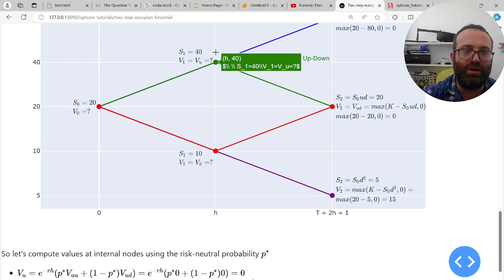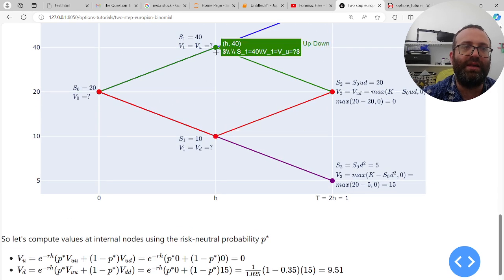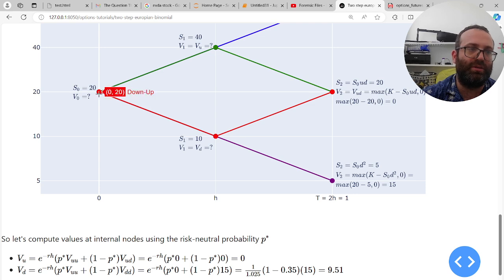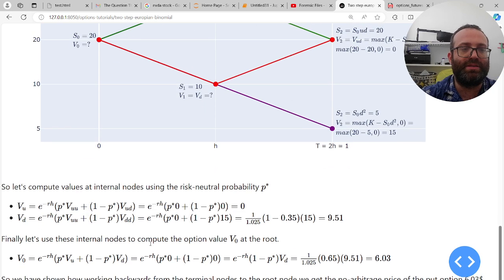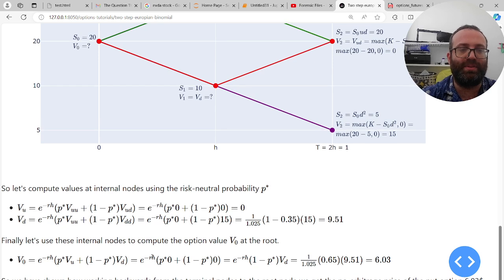So you have 0 as the value at this node, 9.51 as the value at this node, and then you repeat the process. You go back to the root node. You still have the discounted expectation: p star times 0, and then 1 minus p star times, that should not say 0, sorry guys, that should say VD, if you went down. So it's e to the negative rh times 1 minus p star times VD.